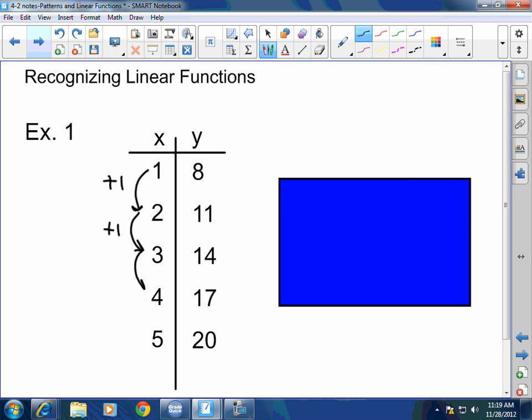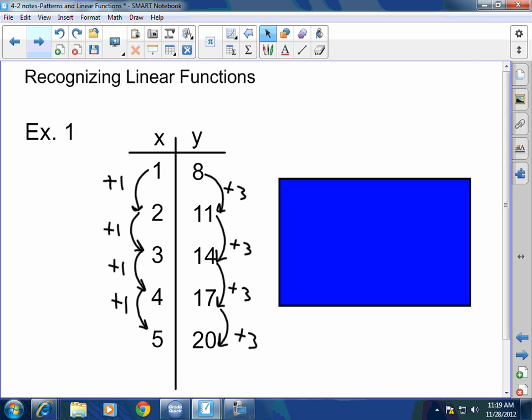From 3 to 4? From 4 to 5? Now on the y, on the output side, on the dependent side, how do I get from 8 to 11? From 11 to 14? From 14 to 17? And from 17 to 20?